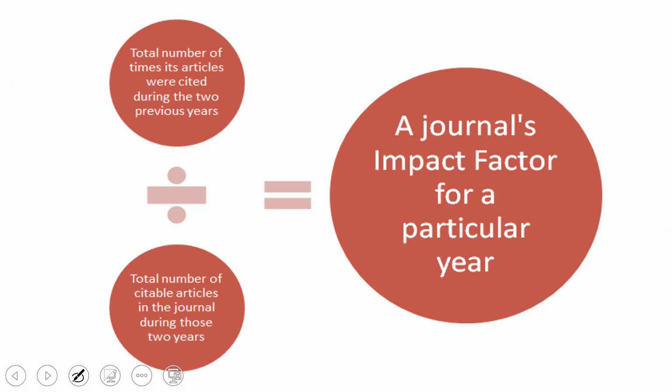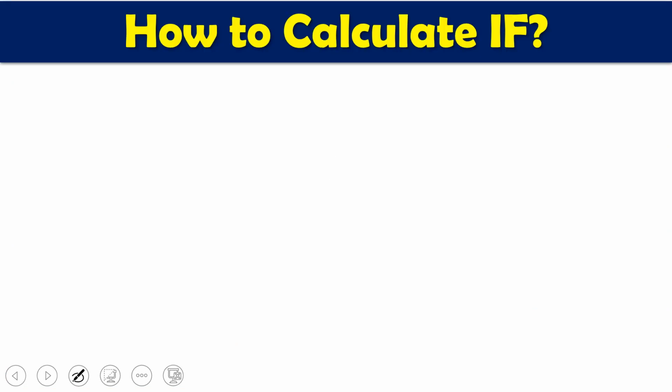So this is the formula by which journal impact factor is calculated: the total number of citations to items published during the previous 2 years, divided by the total number of citable articles published in those 2 years. If you divide, you will get a value, and that is called its impact factor.